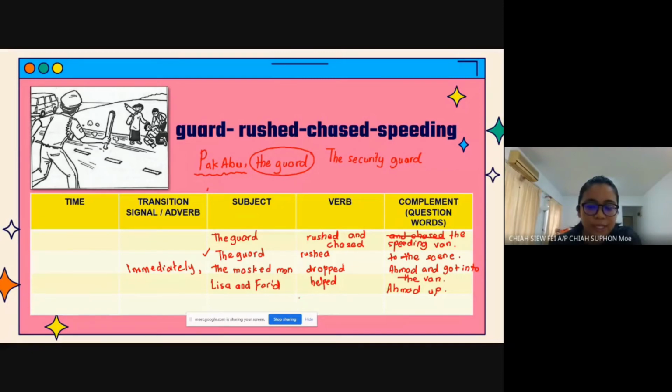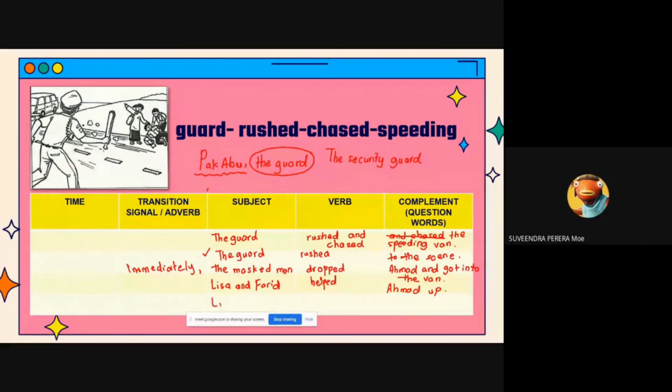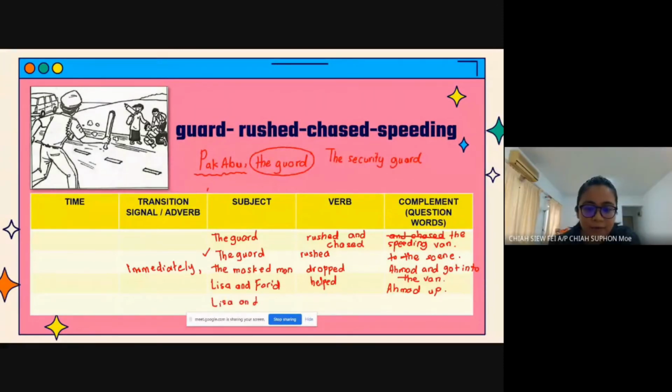So what you can add to that story is you can also say Lisa and Farid, and this is another word to use: console. Console means you are trying to make somebody calm down. Lisa and Farid console a scared Ahmad.